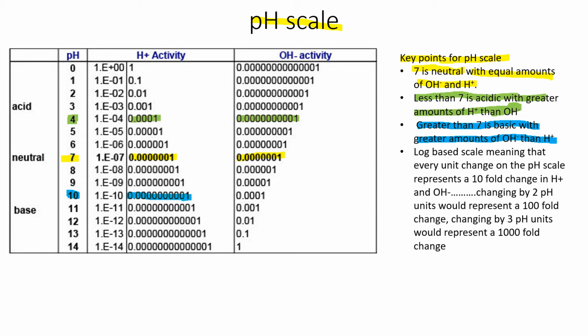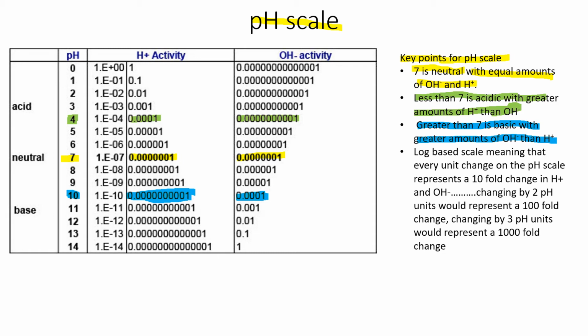Well, you can see we only have a very, very small amount of H+, but we have much more OH-. So when you go to higher numbers on the pH scale, you're on the basic side of the scale. That means more hydroxide, less H+.